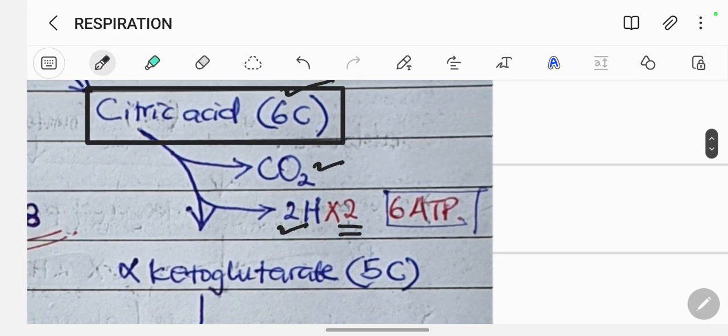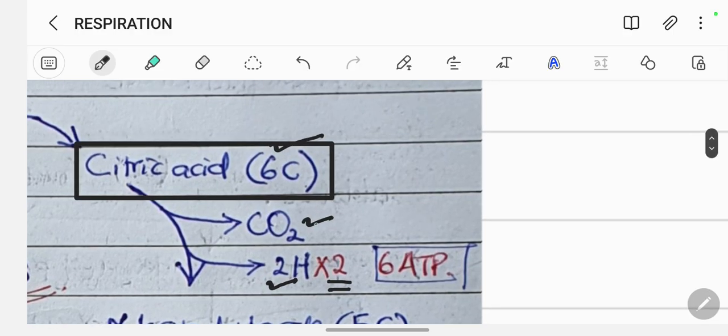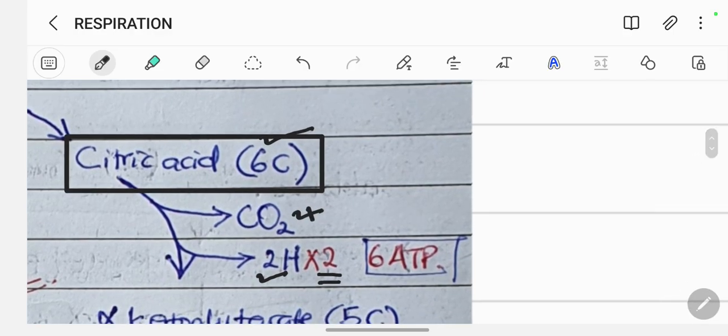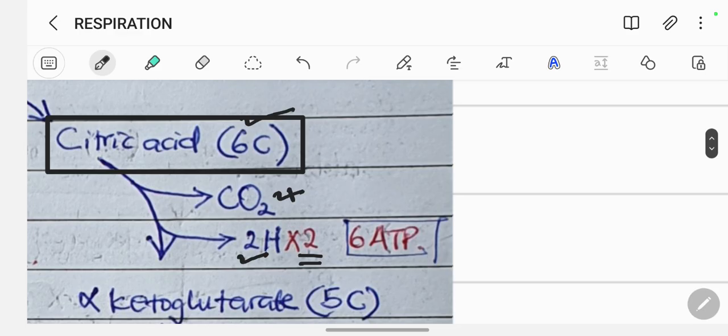After that, these processes are very long and we can't exhaust all the enzymes that are going to be active here. But what we have to know, at least these are the basics: loss of carbon dioxide, formation of 2 pairs of hydrogen atoms. These ones are going to be picked up by NAD, forming reduced NAD.